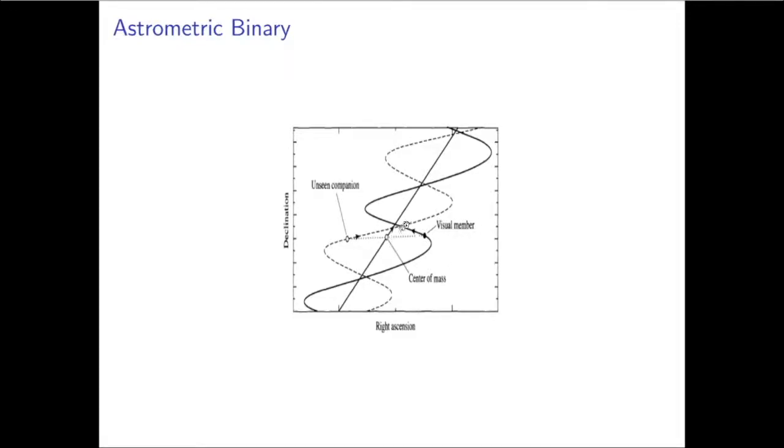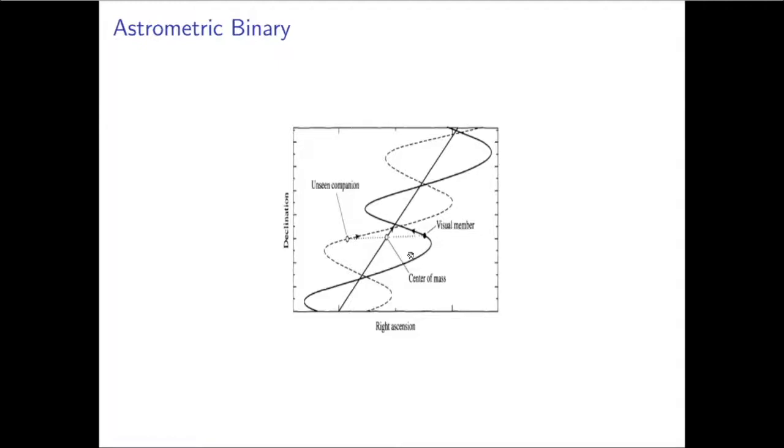So if the apparent magnitude of the visual member is very large compared to the companion, it's highly unlikely that we'll spot the companion. It will just be hidden in its light. But sometimes it could just be our viewpoint, the plane at which we are observing it, so we may not actually see the companion.